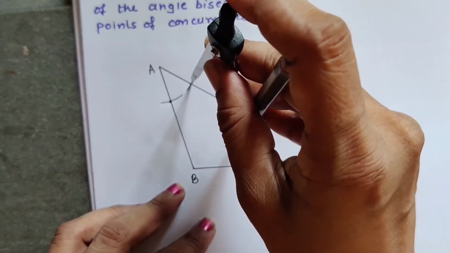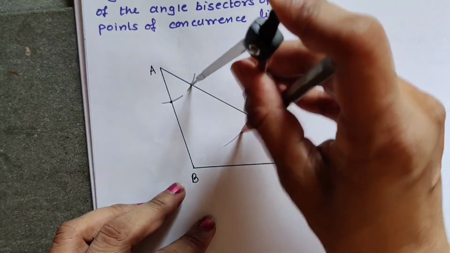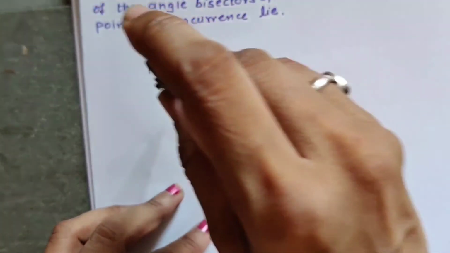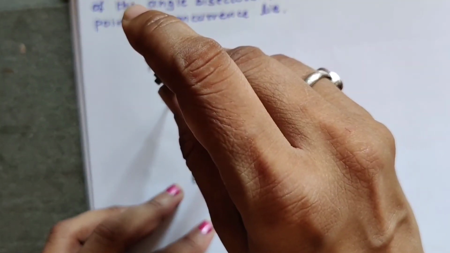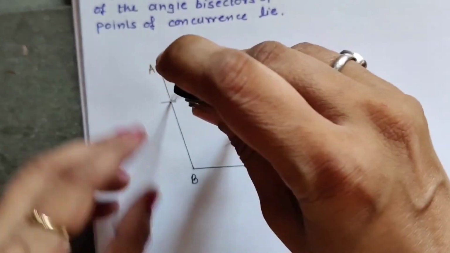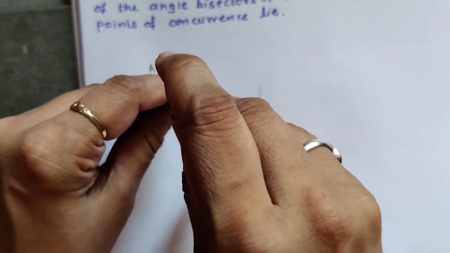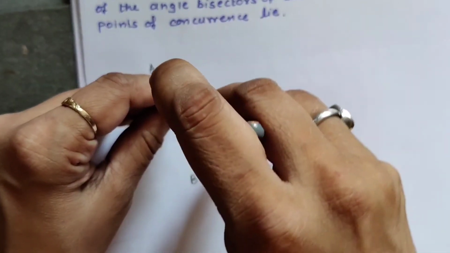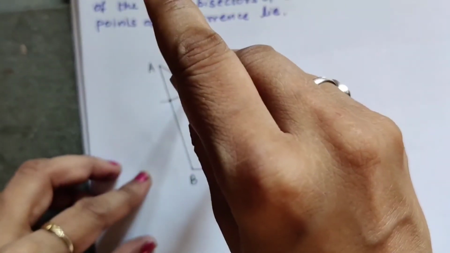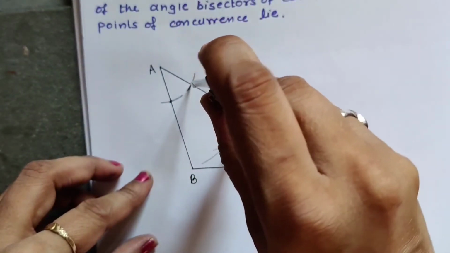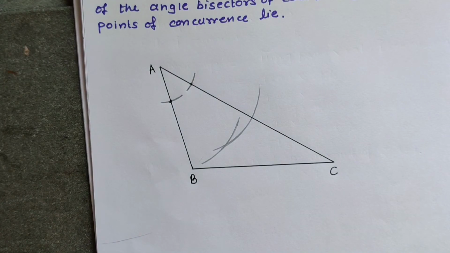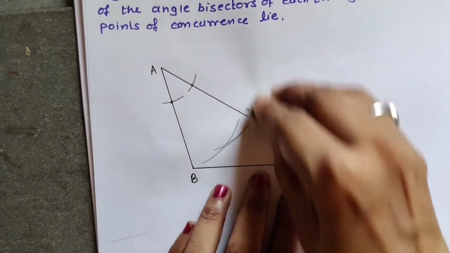See that the pointer should be placed properly. Then I will be drawing the second arc from the second point. I have to increase my first arc. Okay, so in this way I have got the point of intersection of these two arcs.